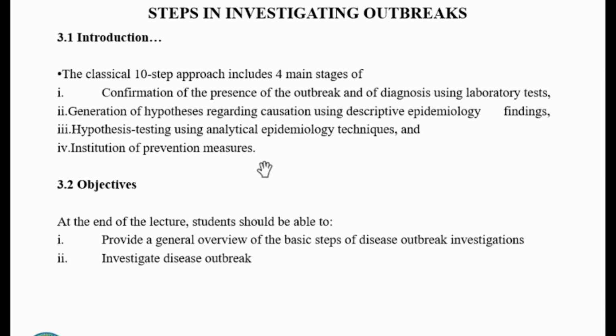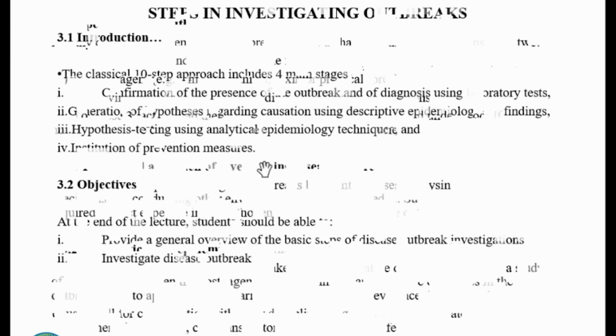So those are the main 4 steps. But generally, there are 10 steps which you will also cover. So in this lecture, you'll be able to provide a general overview of the basic steps of disease outbreak investigations and investigate a disease outbreak.